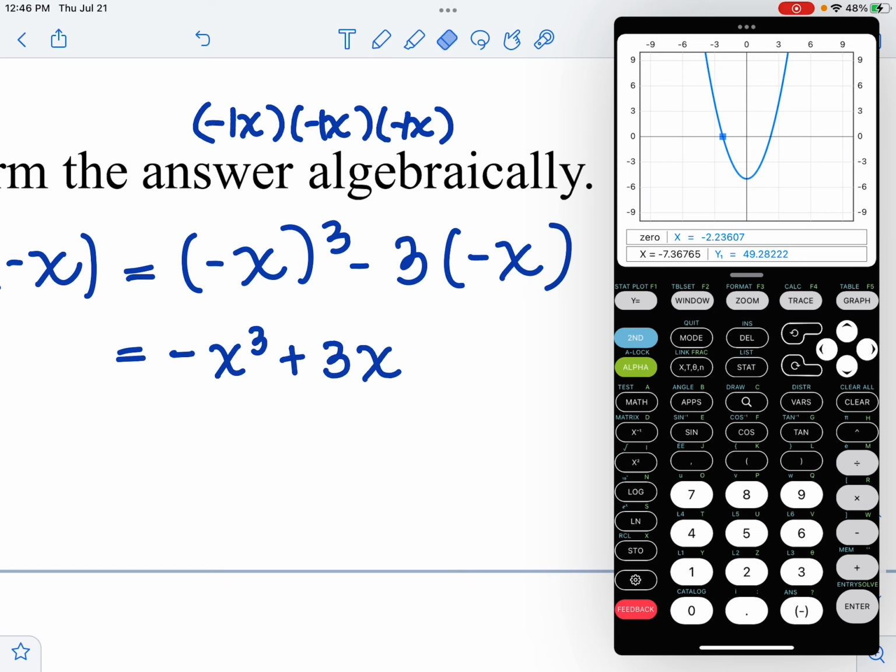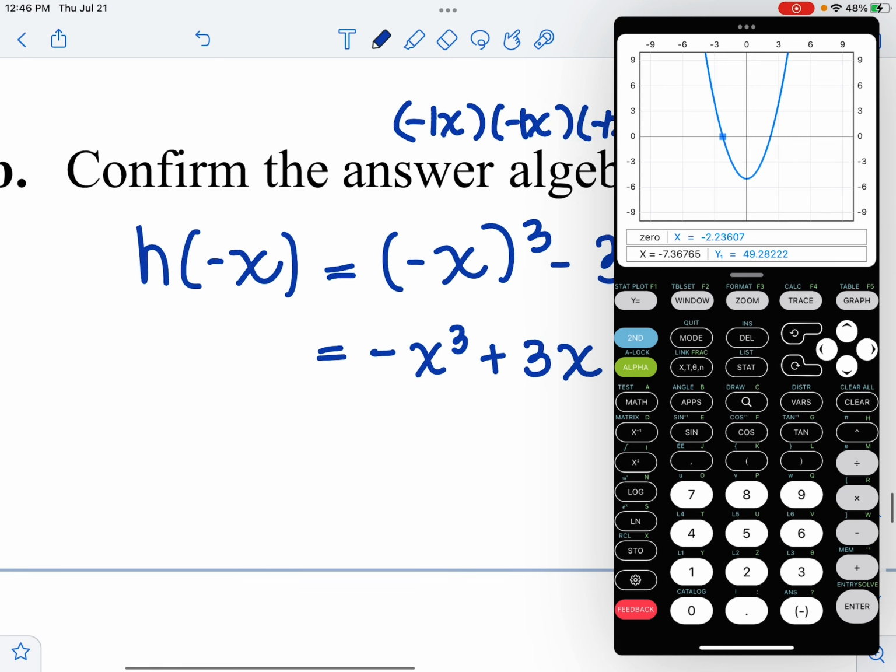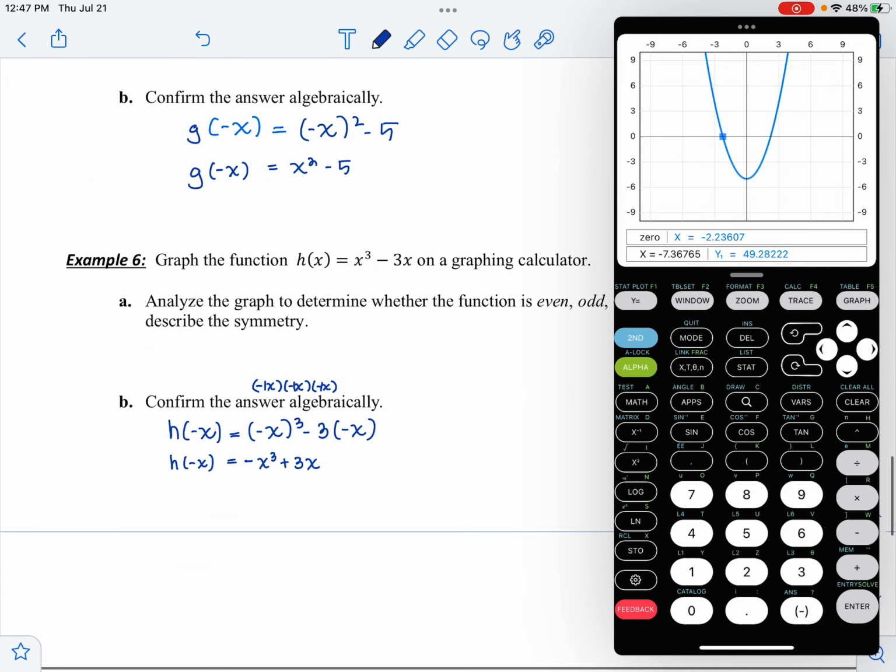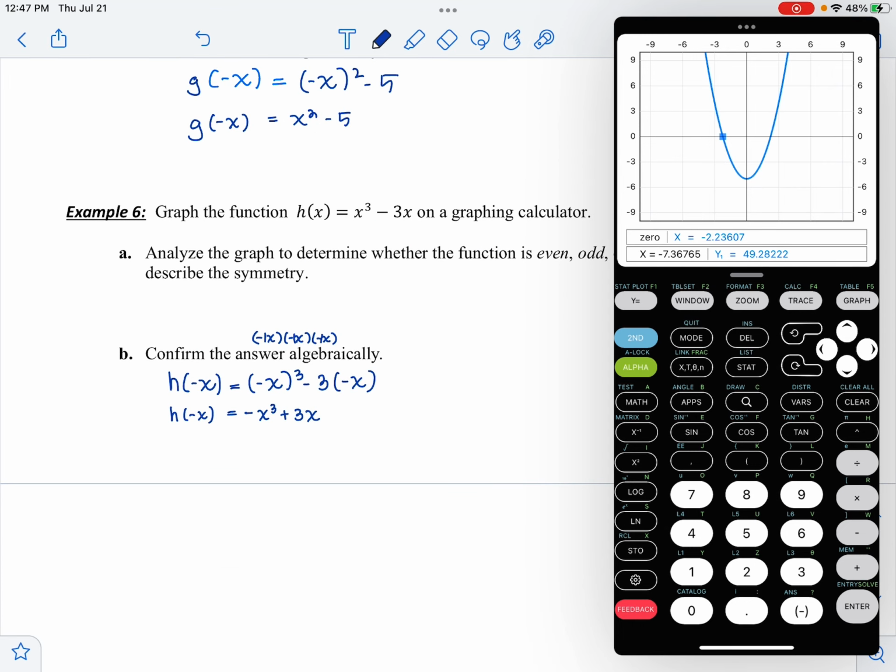So there is my function h of negative x. We are going to compare that to the original. It's definitely not exactly the same, but if you look, it's the opposite. This was positive, this is now negative. This was negative, this is now positive. So since it's the opposite, this is an odd function.